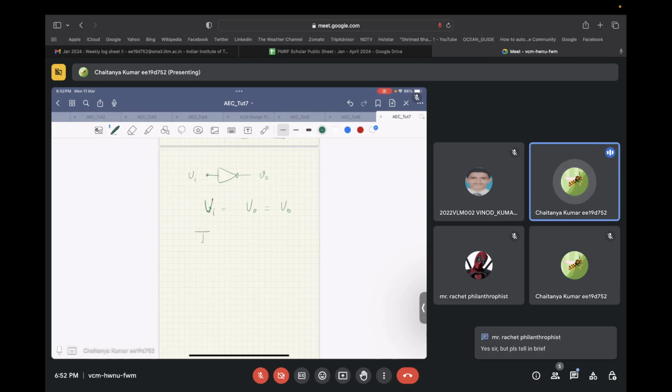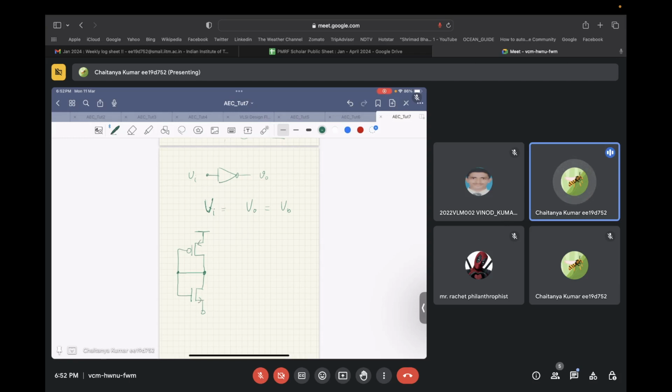So basically, this is the structure of a CMOS inverter. And what we are going to do is, let's say we short the input and output, so both of them come and bias at one particular node.